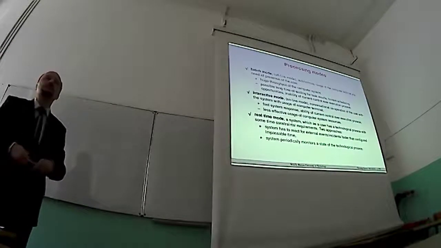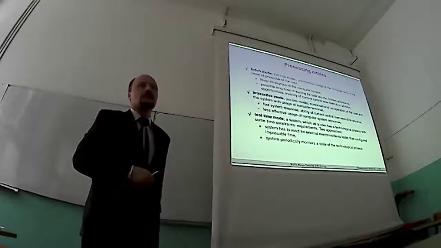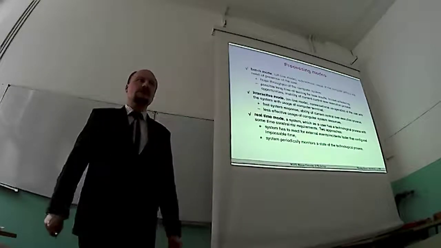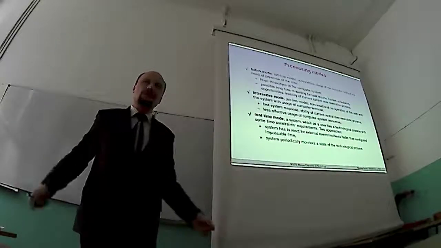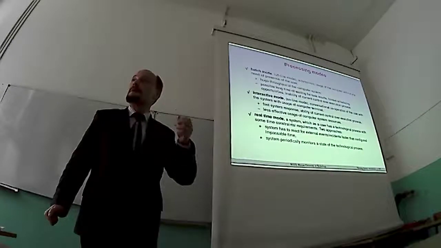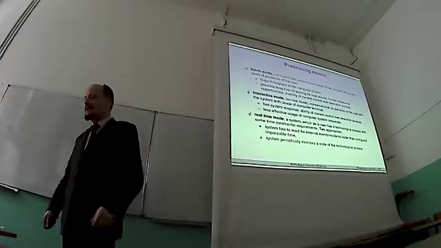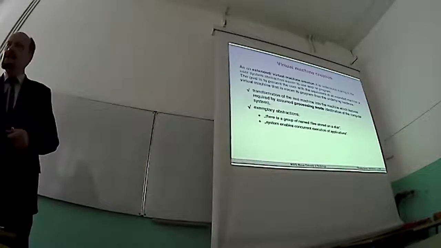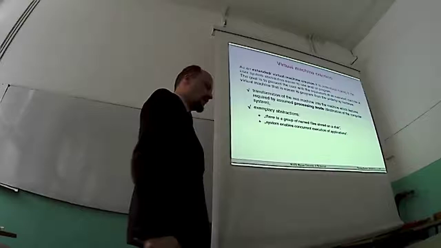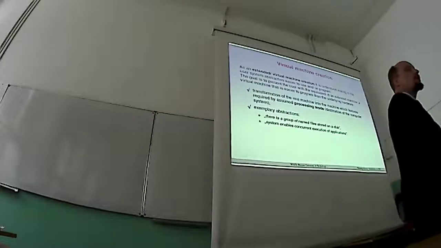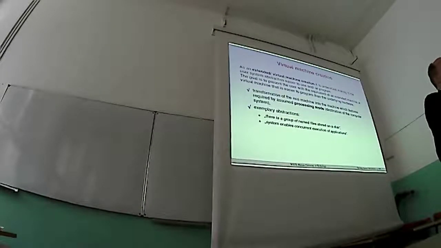We discussed three modes of execution of the computer system in general, not the operating system, but the computer system. It means operating system plus hardware. Batch mode, interactive mode, and real-time mode. Key aspects of each mode are, for the batch mode, that it tries to maximize utilization of the processor.